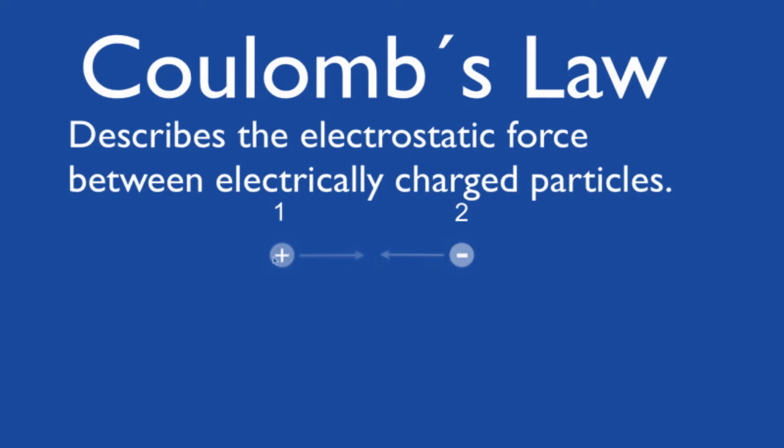This arrow represents the force that this particle feels from the other particle, and this arrow represents the force that the other particle feels from this one. With a negatively charged particle and a positively charged particle, the forces they feel are opposite in direction but equal in magnitude.